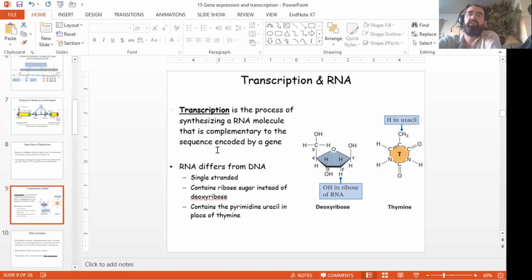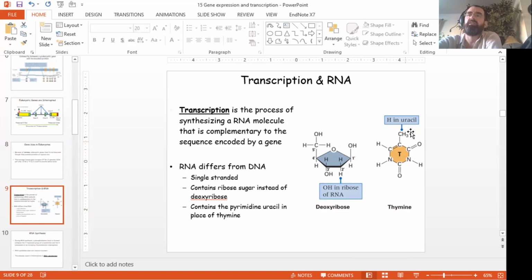Okay, so one thing that is very important to point out is that DNA and RNA have some real significant differences. The most obvious is that in RNA we have uracil, in DNA we have thymine.